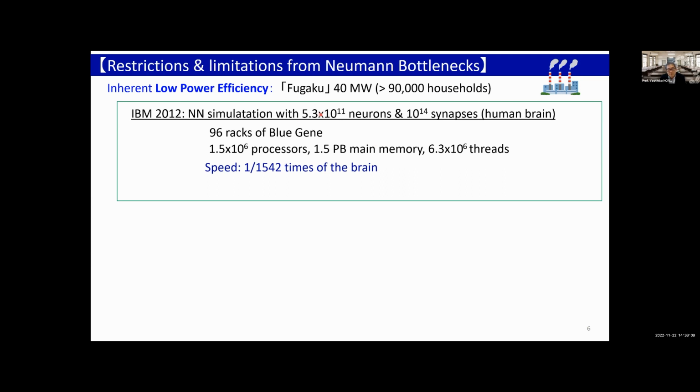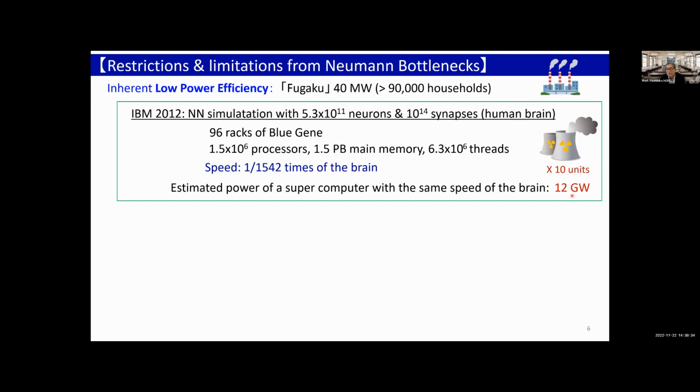From this result, they estimated the power consumption of a supercomputer which can run at a time scale comparable to the brain. They got the number here, 12 gigawatts. This much power is almost the same as 10 units of nuclear power plants.